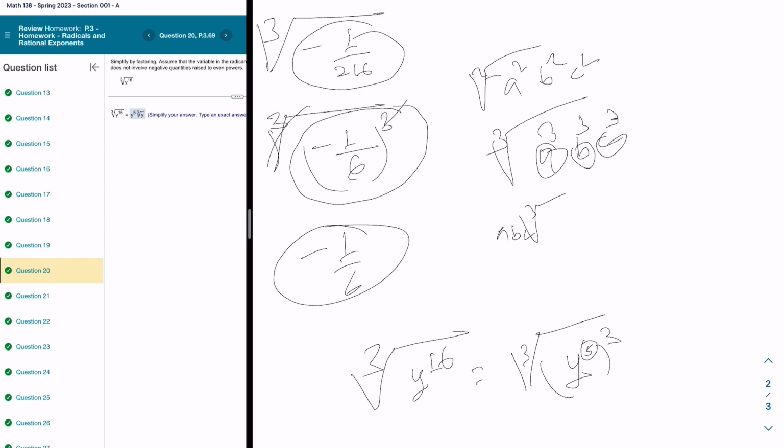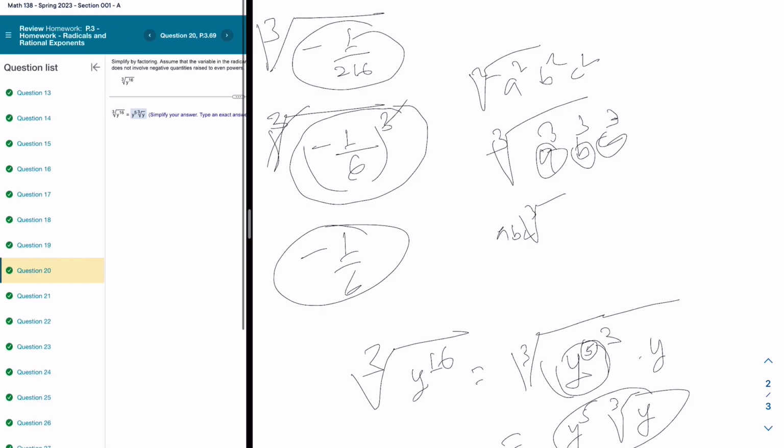So we can write y to the 15 and y. Yeah. So now this term will go out, y^5 will go out, y will stay here. So this is the answer. Got it? It's the same thing we used to do for the square. We used to arrange like this, for cube arrange like this, and if we have a cube, then just get this thing out of the cube root.